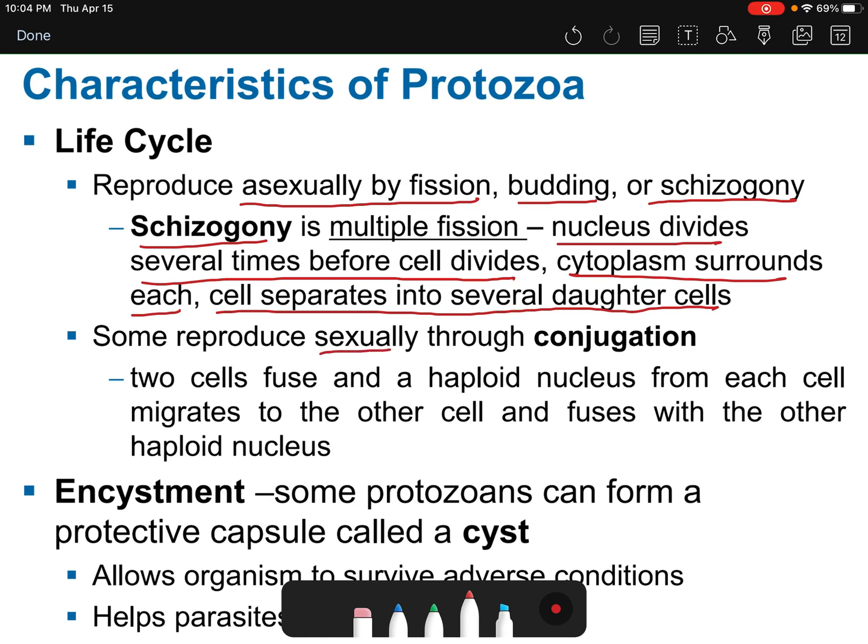Some can reproduce sexually through conjugation, and that's when the cells fuse and a haploid nucleus from each cell migrates to the other cell and fuses with the other haploid nucleus. And so that's one way that they can join their DNA and reproduce sexually.